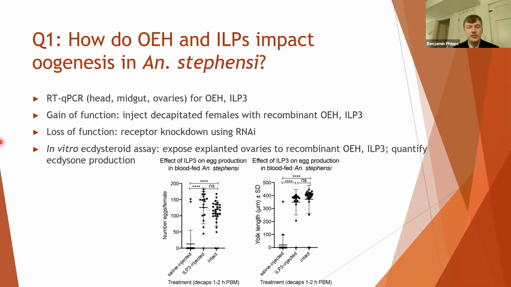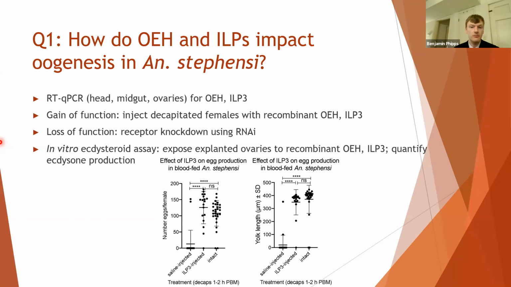So to answer my first question, if OEH and ILP3 play important roles in vitellogenesis like they do in Aedes aegypti, we think that most likely they would be upregulated after a blood meal.